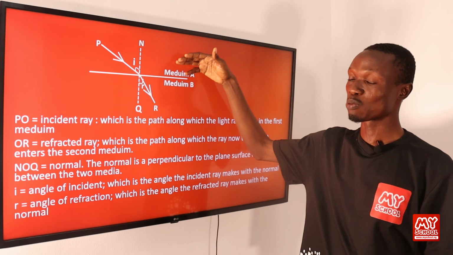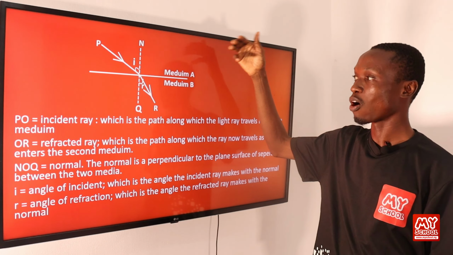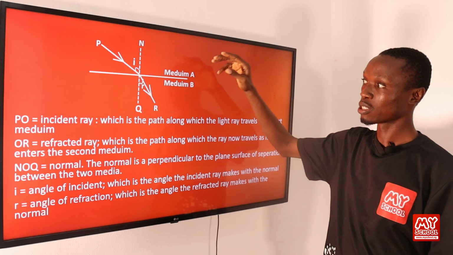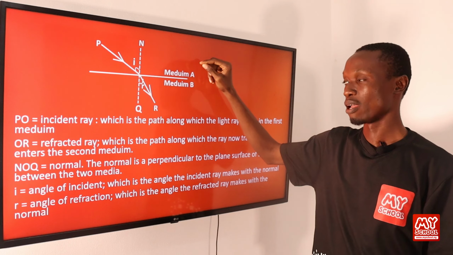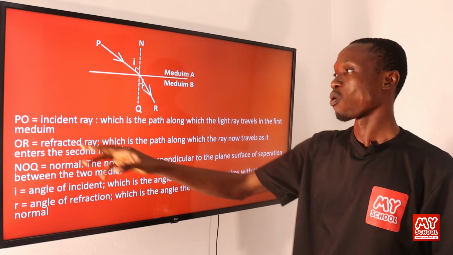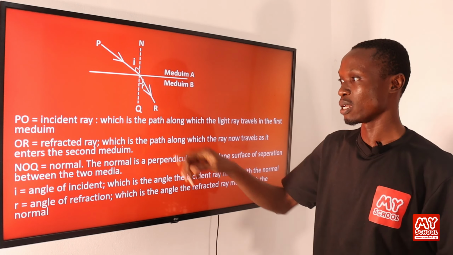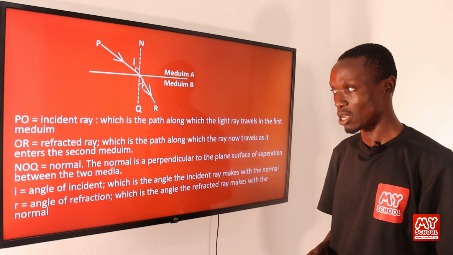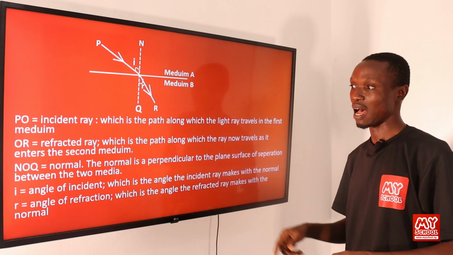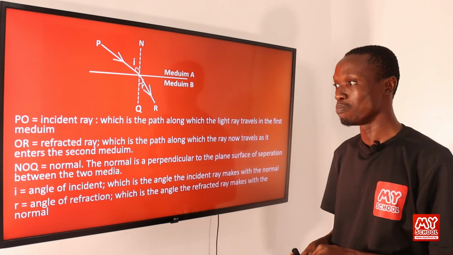In this case, the first medium could be air or glass, but here it is air. I'm going to tell you the reason why it is air. Then O to here is the refracted ray, which is the path along which the ray travels as it enters the second medium.